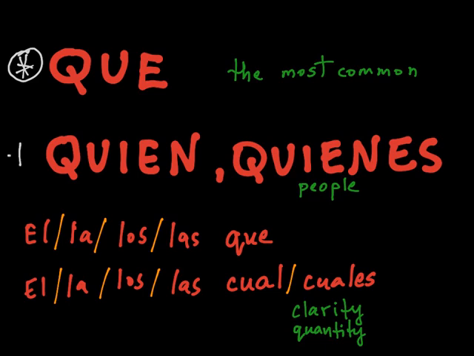Then you have quien and quienes, singular or plural, which you use when you deal with people. When you deal with people you cannot use it for things. Recently there has been a change in Spanish, and now you can use it not only with persons, but also with organizations, such as parties or organizations.